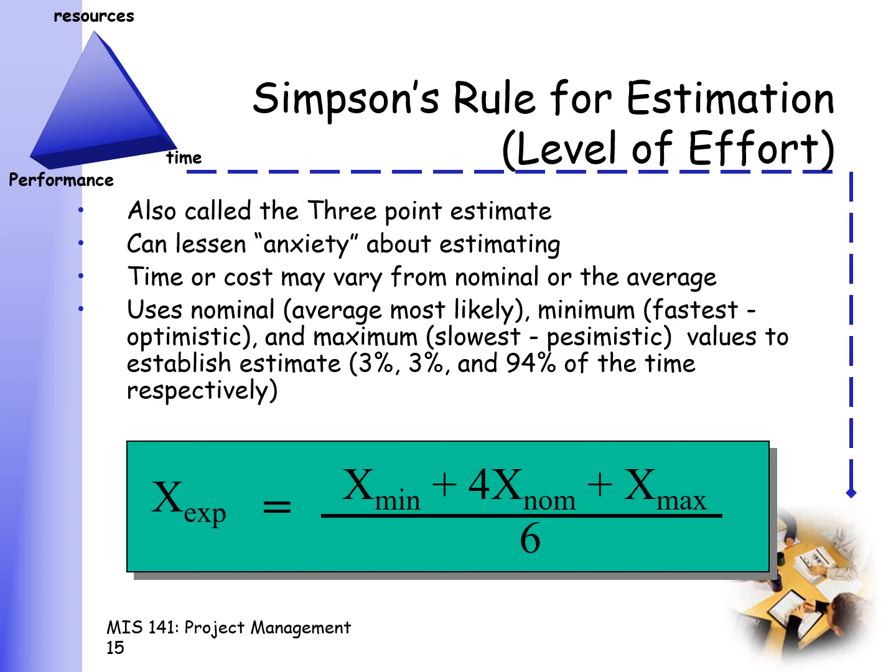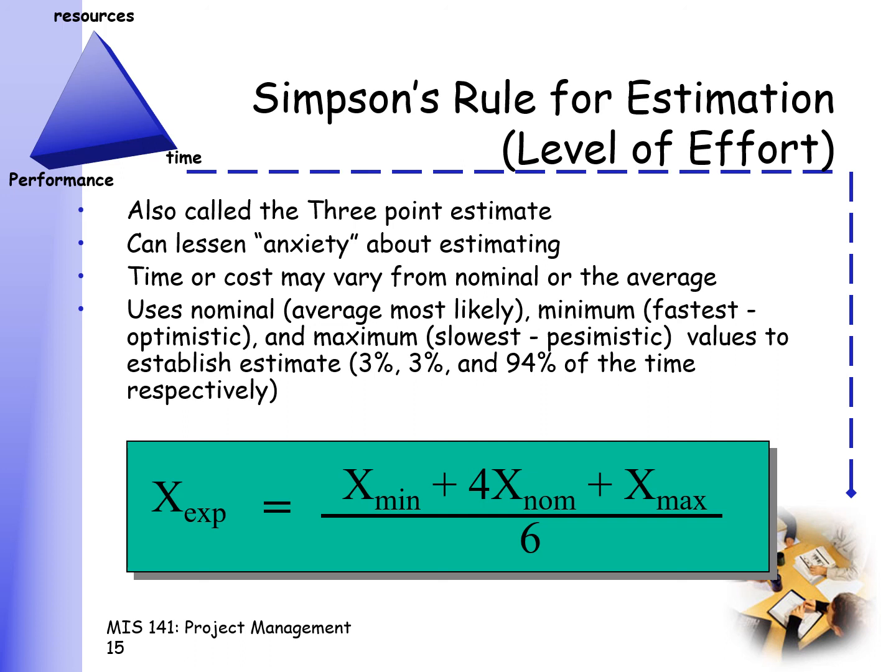Once we have the values, what we will do is plug the minimum, the maximum, and the nominal into Simpson's formula. This formula was derived after looking through a lot of data with regards to estimation. What Simpson's formula says is that to get the average of your estimate, you add the minimum, the maximum, and 4 times the nominal, and then divide everything by 6.